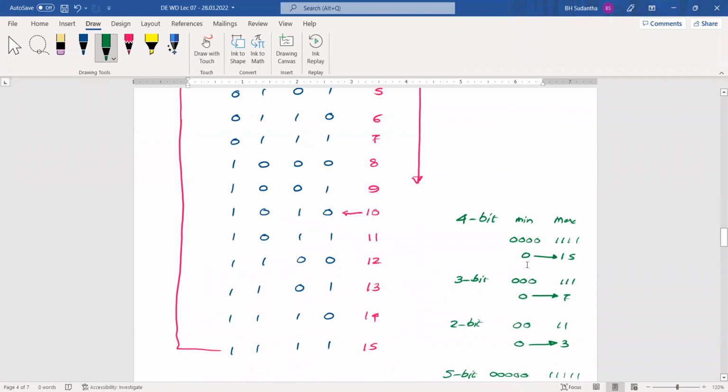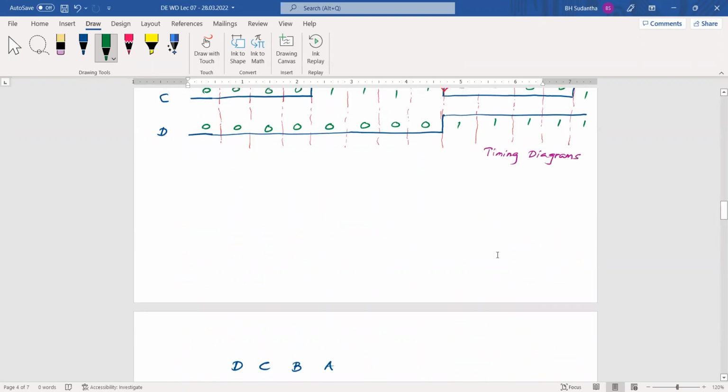Considering the bit capacity, it tells us the minimum and maximum, the range of the count. It specifies the range.